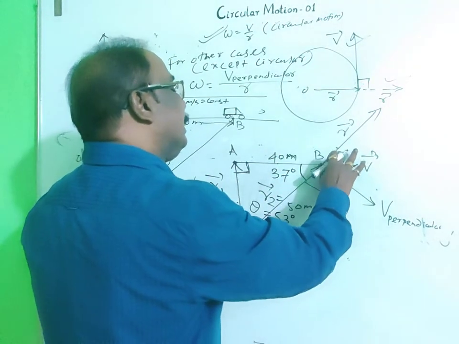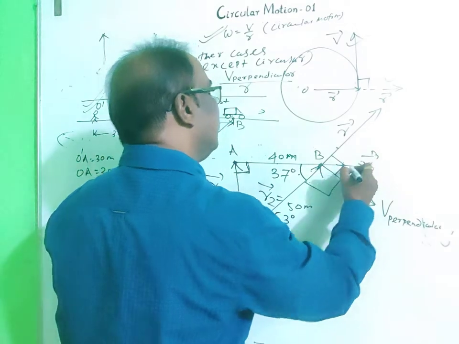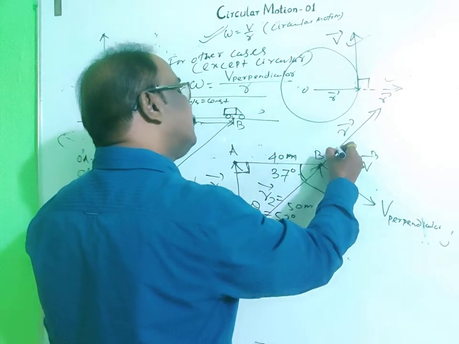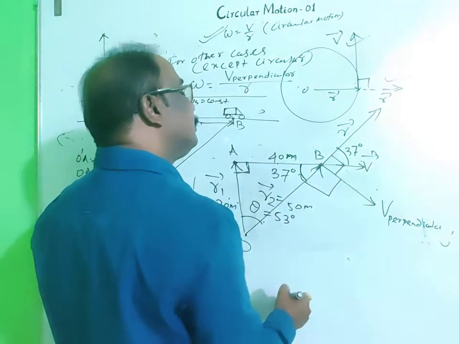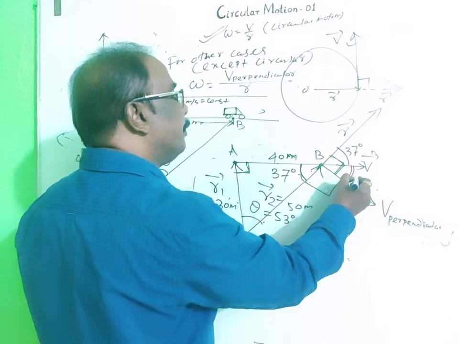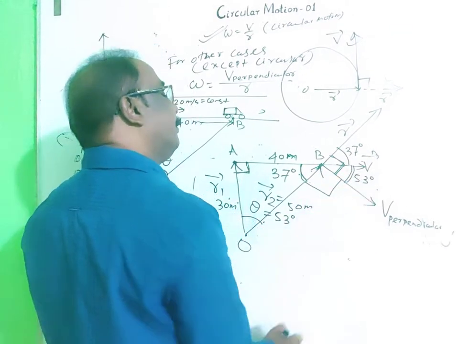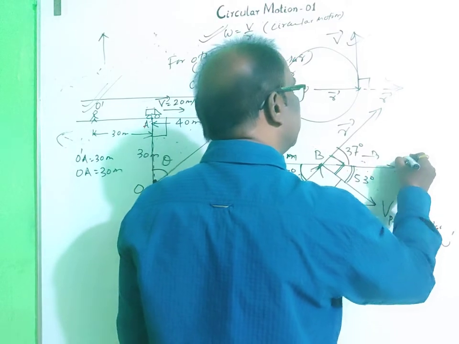See, if this angle is 37, this angle is equal to this angle, being the opposite angle, so this angle is 37. But the total angle is 90, so this angle is 53 degree. This is the direction of velocity.